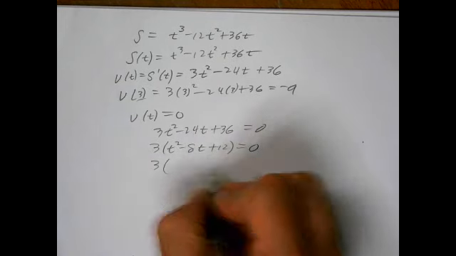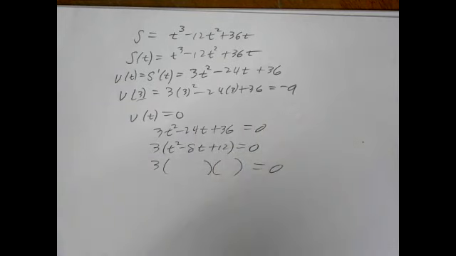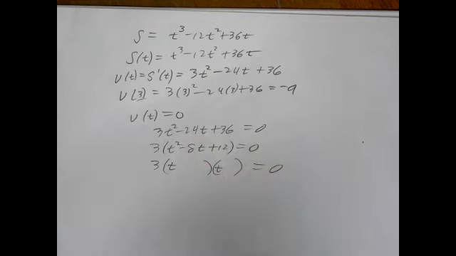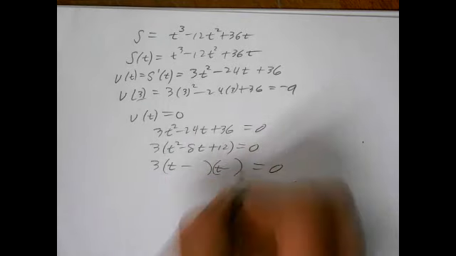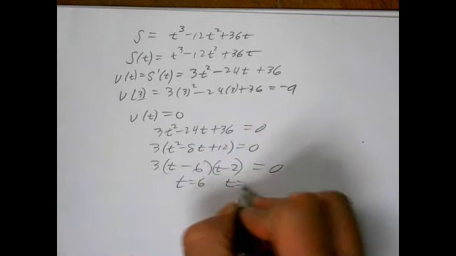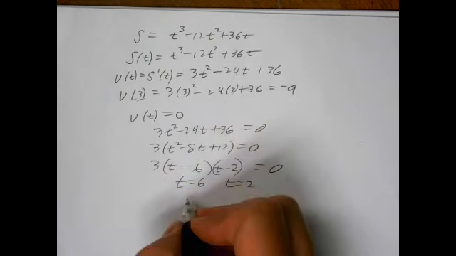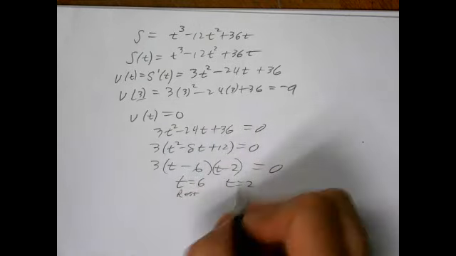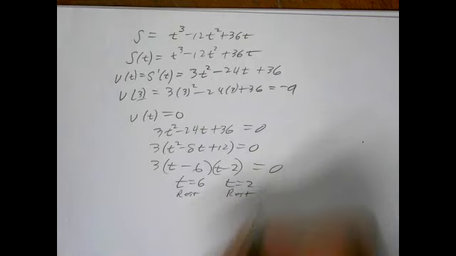And then, maybe it'll be nice to me and let me factor this. So it would appear the particle's at rest at time 6 seconds and at time 2 seconds.